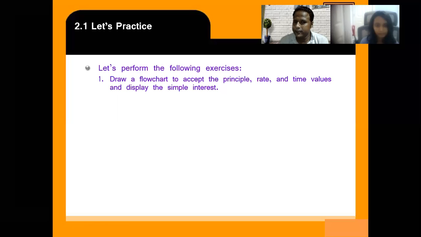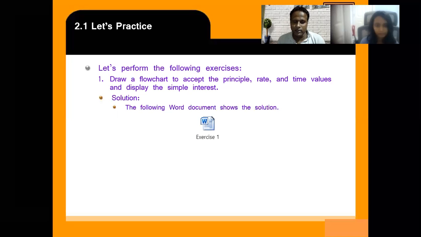I think I learned this a long time ago, but I'm not sure. The simple interest formula uses principal, rate, and time. I'm showing you the exercise, then you will get to know.